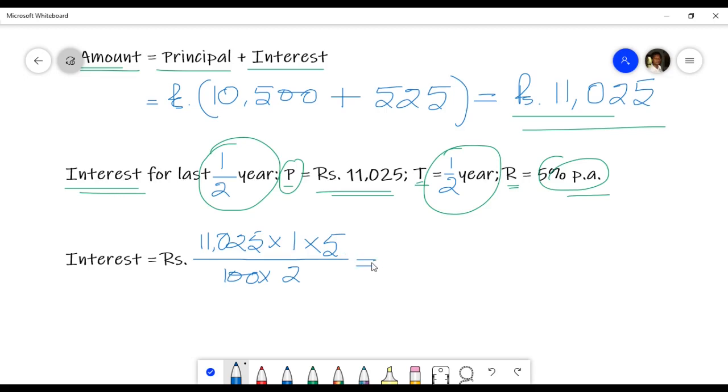So 11,025 into 1 into 5 divided by 100 into 2. And when you simplify it further, you will get the answer as rupees 55,125 by 200.